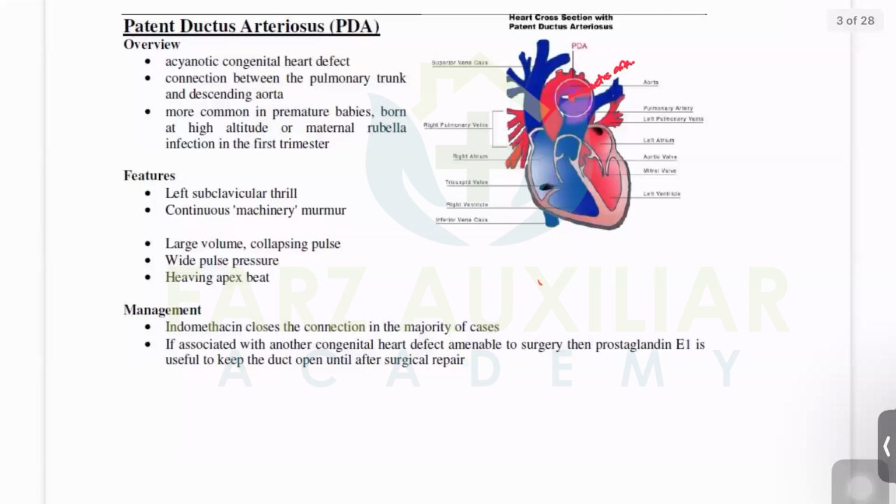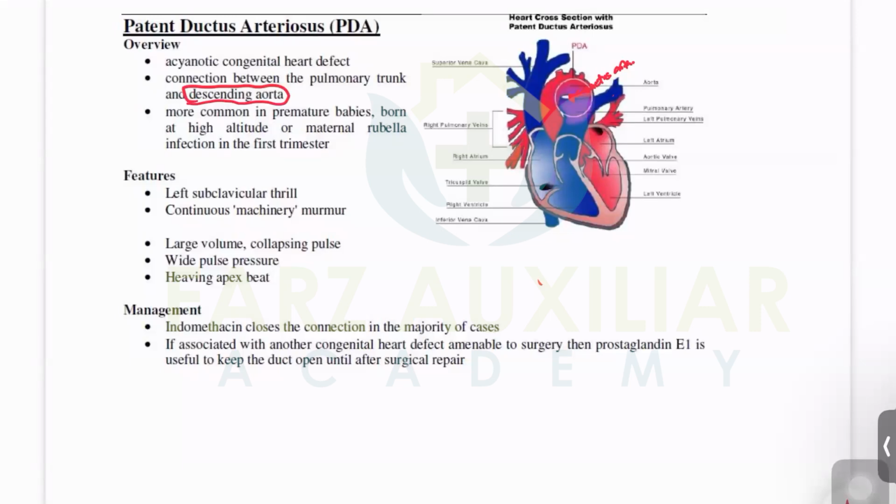This is an acyanotic congenital heart defect. It maintains a connection between the pulmonary artery and the descending aorta. This is an important term you need to remember: it is the descending aorta, not the ascending aorta. It is more common in premature babies because the switch on and switch off button is not working well in them; they are born before time, so this junction can remain open.